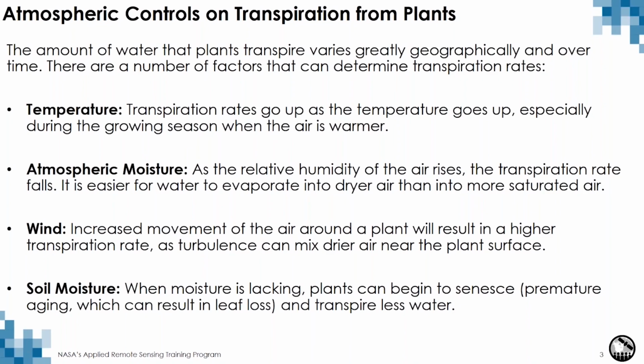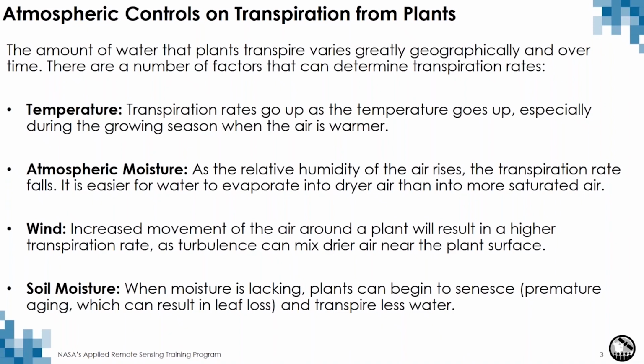And then the one I was also talking about is soil moisture. When moisture becomes lacking, plants will begin to conserve water, essentially to avoid going into a dormant state or suffering, so that the plant can stay alive. And so it'll transpire less water.